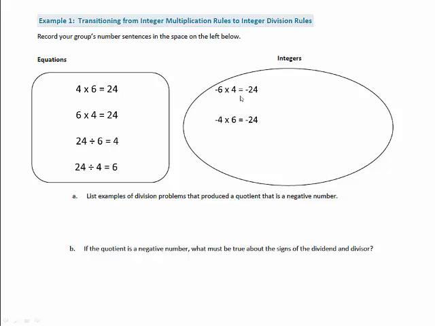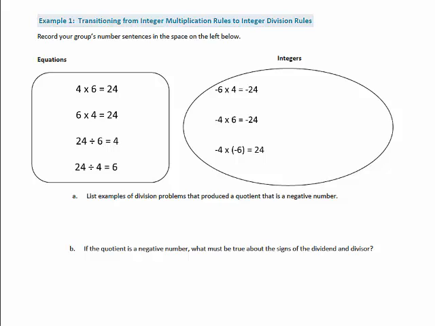So that commutative property again says that if we change the order of the opposites, we still have a negative sign. And then we've got negative 4 times negative 6. This gives us positive 24. Remember, when we multiply integers with the same sign, we get a positive answer. Now, these are the multiplication problems that are using integers that go with this basic family of facts.